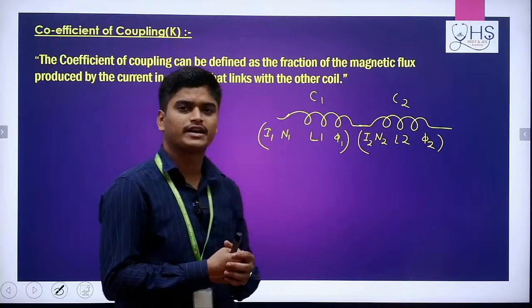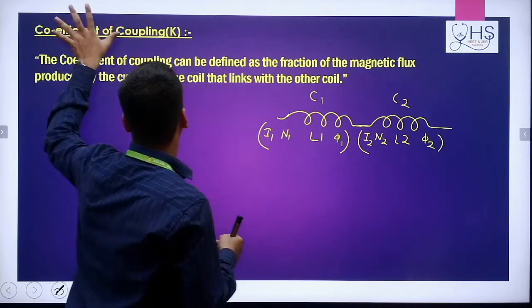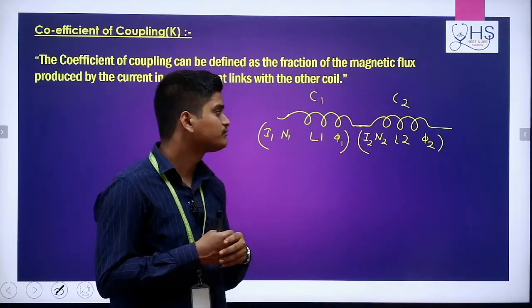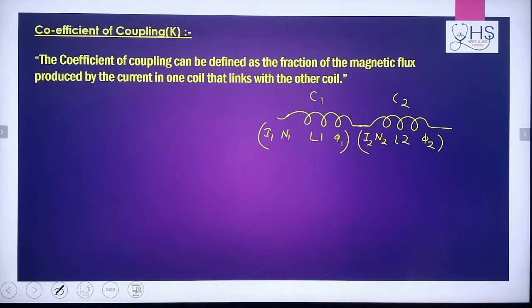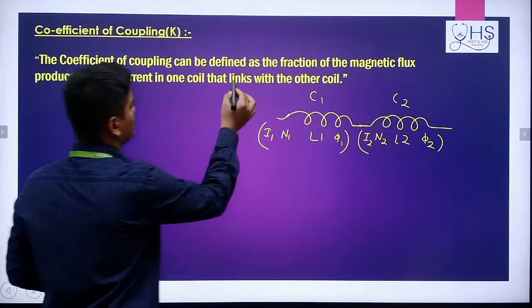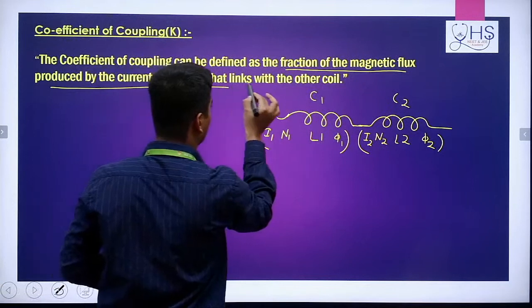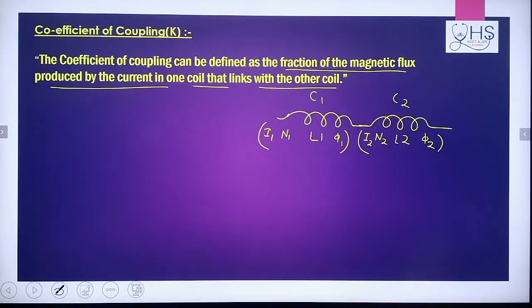So how to measure that interaction? We need one quantity, that quantity is the coefficient of coupling, one constant quantity. Now by definition, it is the fraction of the magnetic flux produced by the current in one coil that links to the other coil.